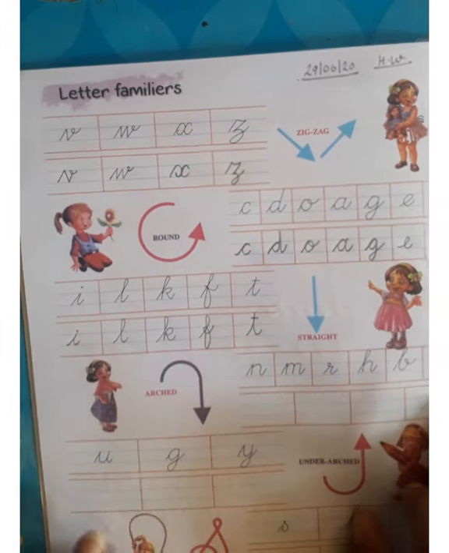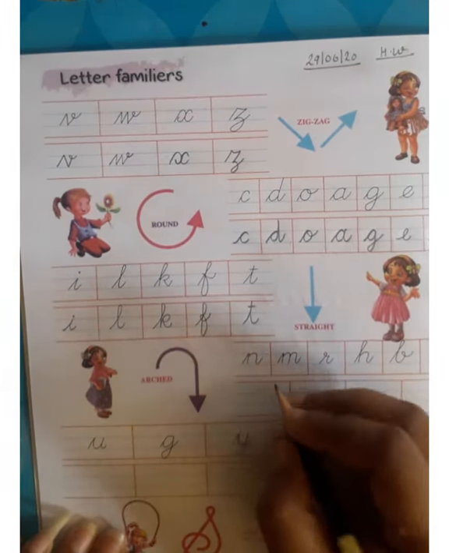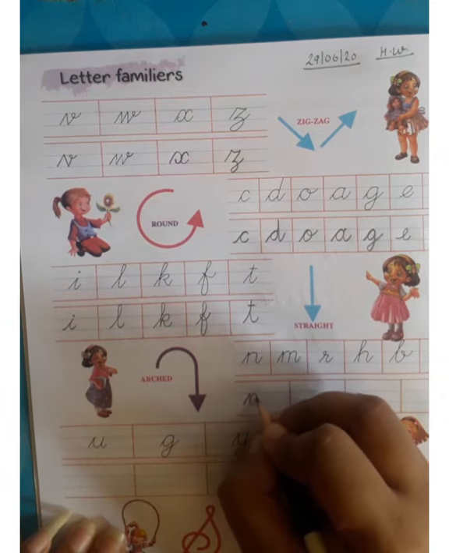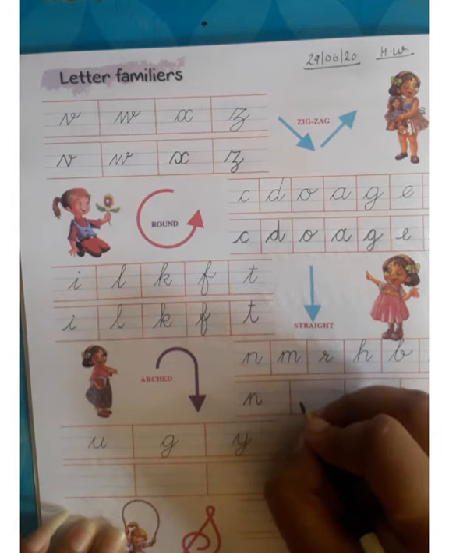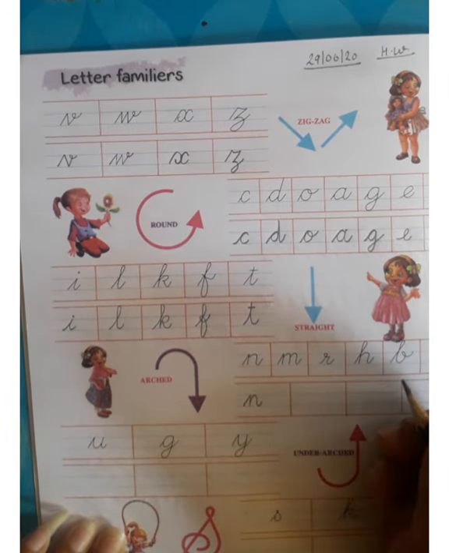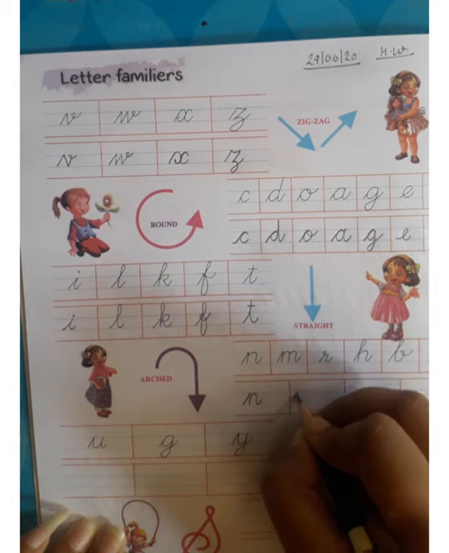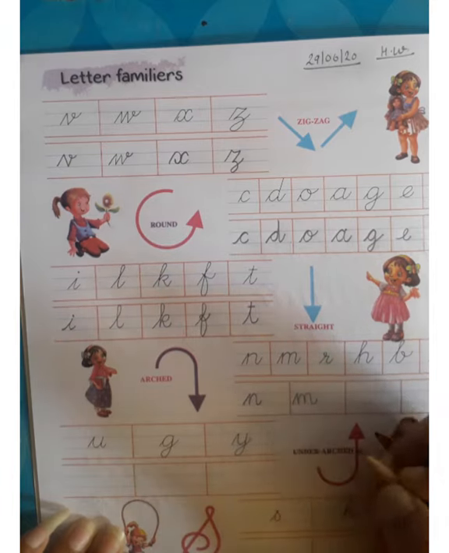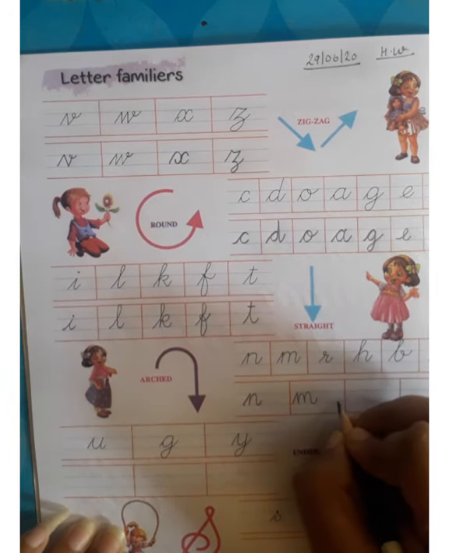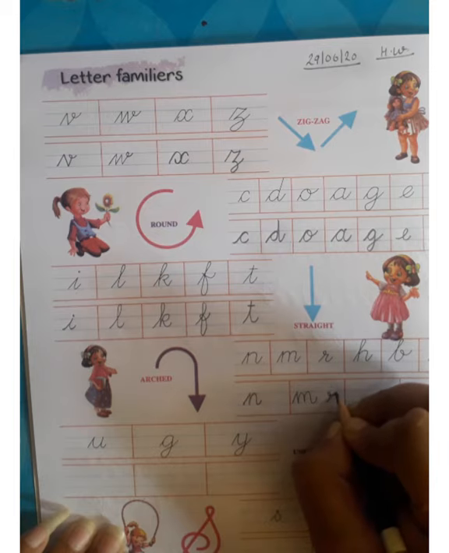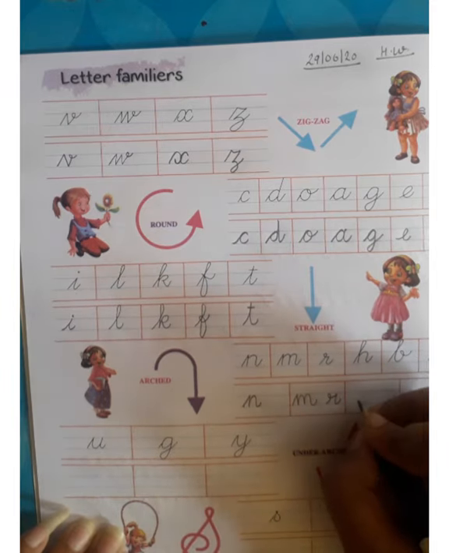Okay. Now next, N. We will make N in two lines. M in two lines, and we will make R in two lines.